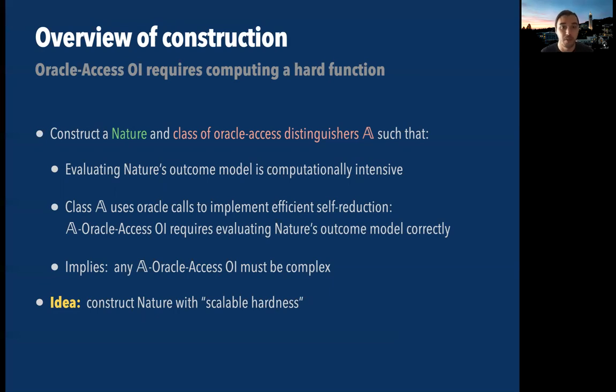So the individuals will correspond to a graph. But the distinguishers will be very efficient, and by using Oracle Access queries, can run a sort of random self-reduction. And so any AOI model, any model that satisfies Oracle Access OI, it turns out must actually compute this hard problem correctly.